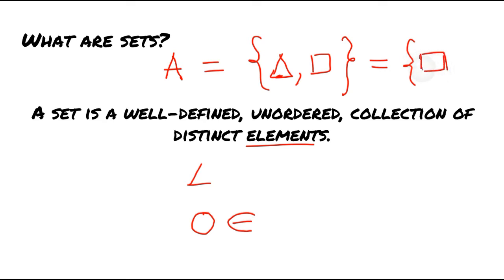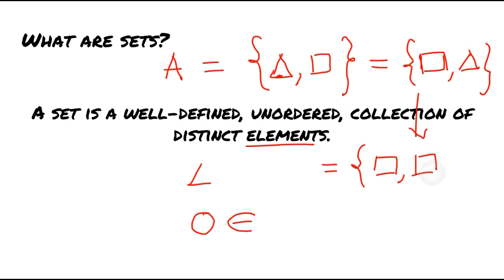So you have shapes, same shapes. So they're just equivalent. Even if we are going to have a set that has repeated elements, in this case, this is still equivalent to the original set A.